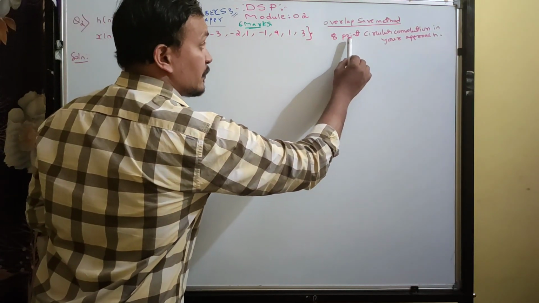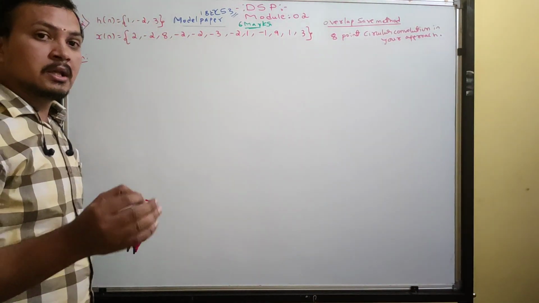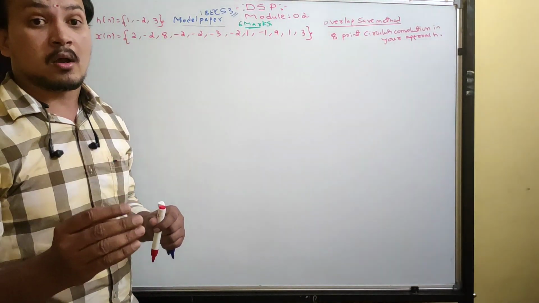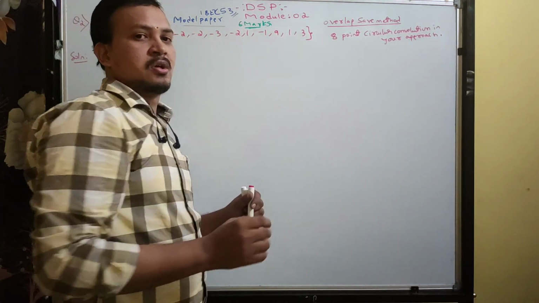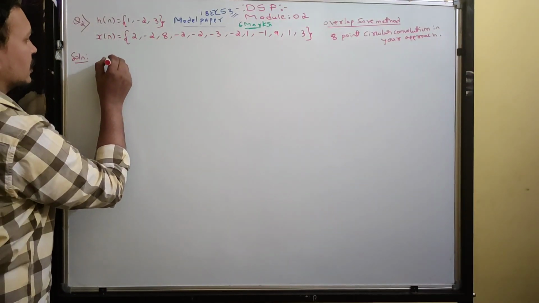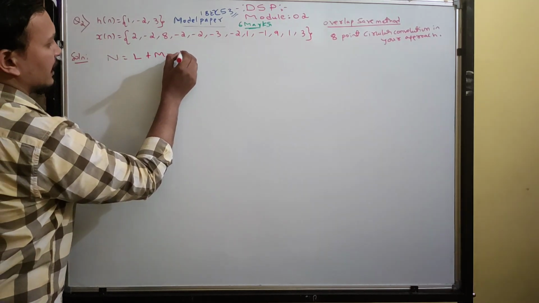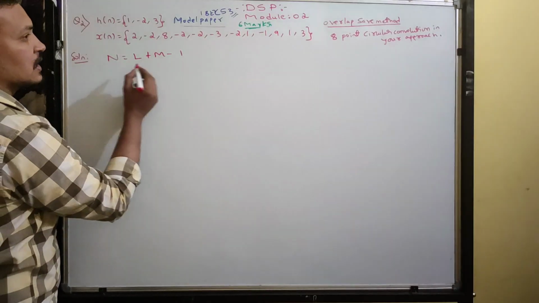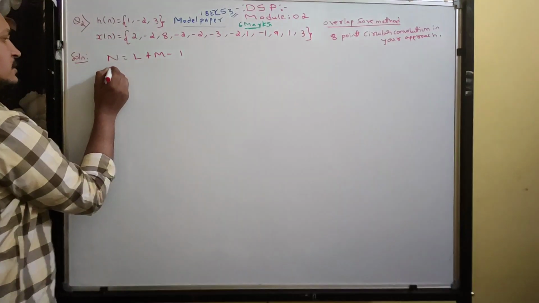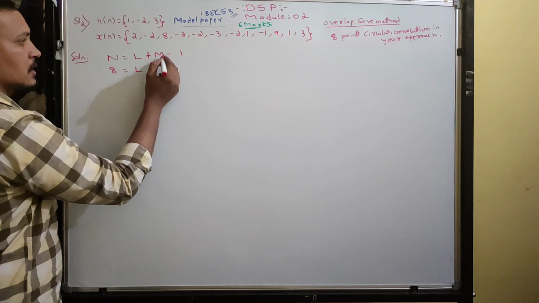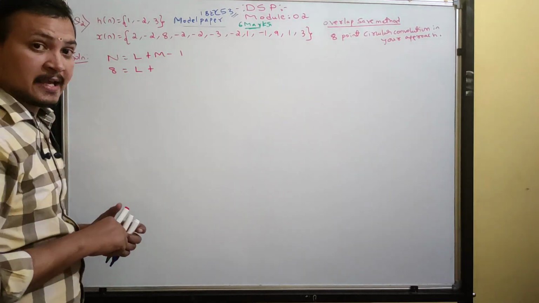8-point circular convolution in your approach is nothing but the length of the block. The length of the block is given as 8, so data block length is 8. We have the formula N is equal to L plus M minus 1. The N value given in the question is 8, equal to L plus M. What is M?